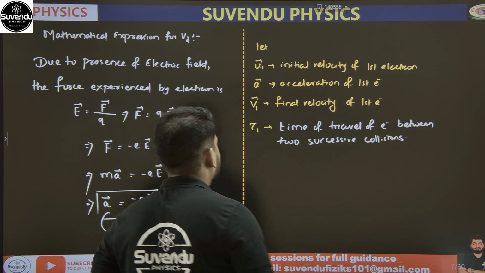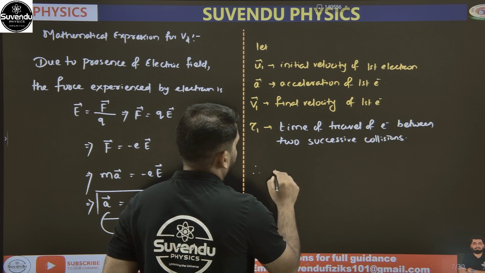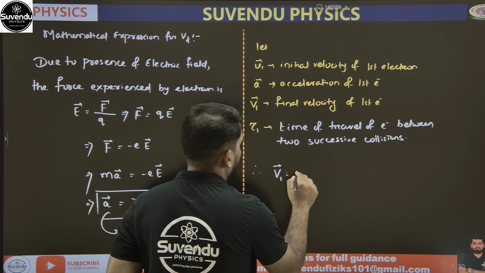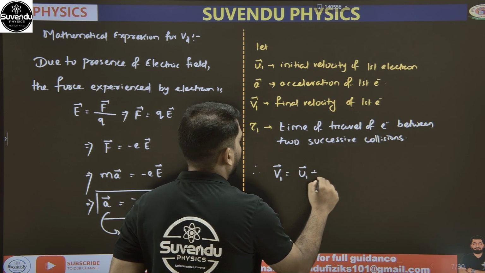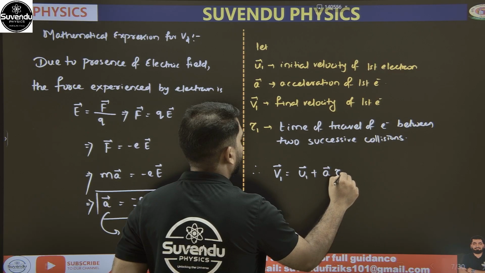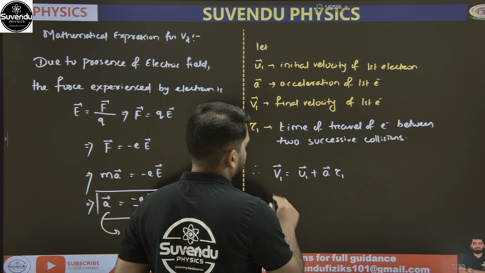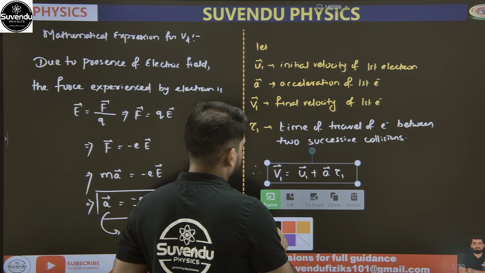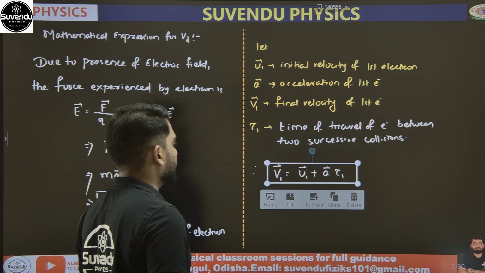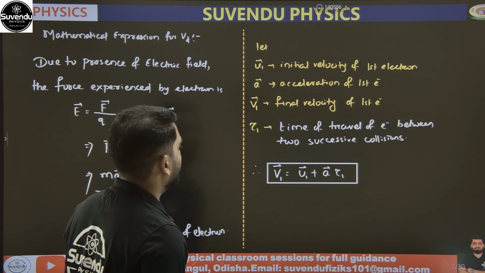Thus v1 vector will be equal to u1 vector plus a vector tau1.